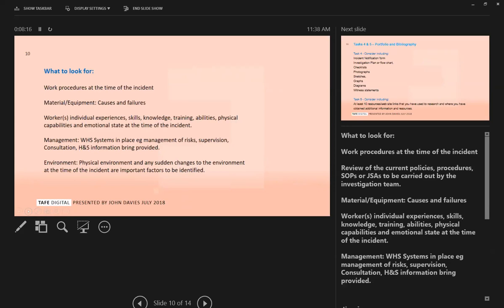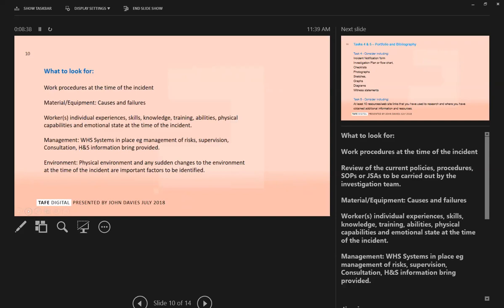What are we looking for? Work procedures at the time of the incident: reviewing current policies, procedures, SOPs, JSAs and SWIMs that will need to be carried out by the investigation team. Material, equipment, causes and failures.